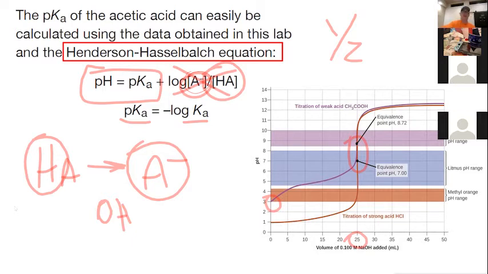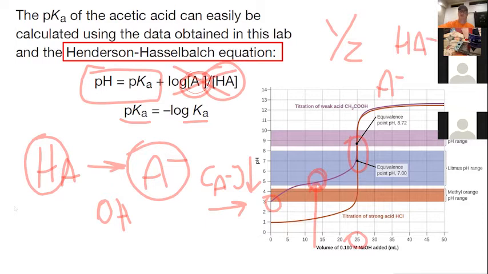At the end, it should be all acetate. So in the middle, at around 12.5 mLs, right there, half of it should be turned into acetate. Half the acetic acid, HA, should be turned into A minus.